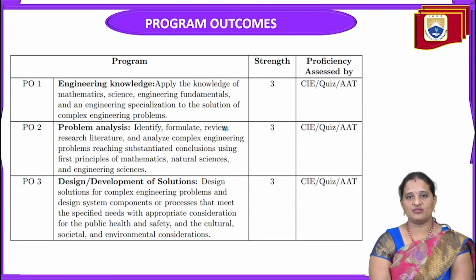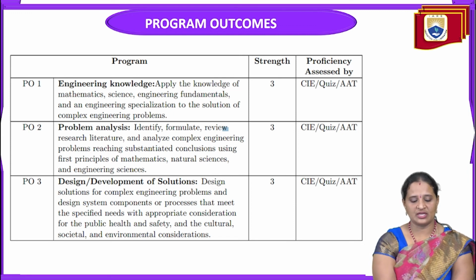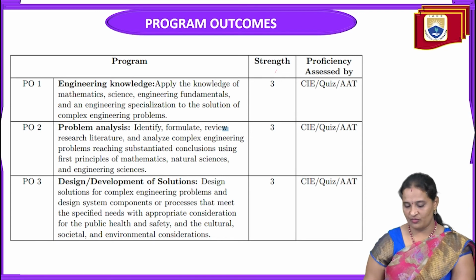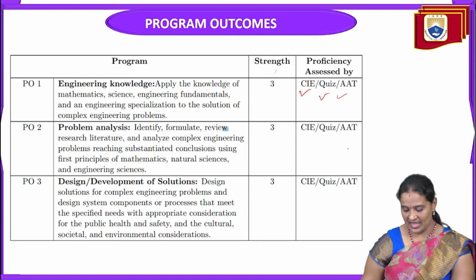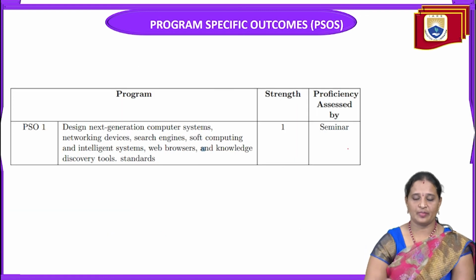So these are the POs that are mapped to the entire course, that is PO1, engineering knowledge, PO2, problem analysis, PO3, design and development of solutions. So the strength of these POs given are 3 for PO1, 3 for PO2 and 3 for PO3. And how are these POs assessed? By conducting CIE, quiz and AAT. So all the POs can be assessed by the CIE, quiz and AATs, alternate assessment tools.